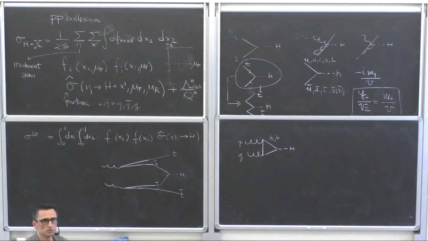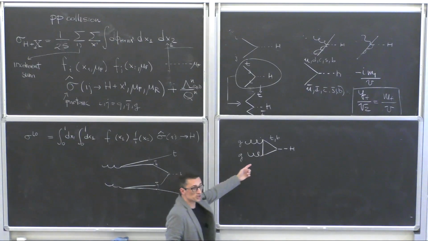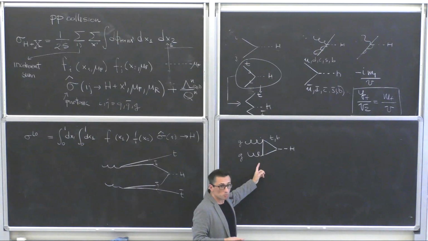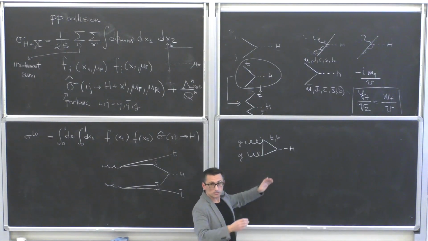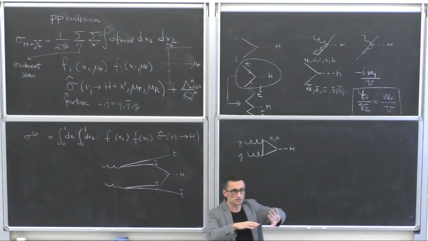Right? I mean, you're telling me that you're going to build a multi-billion collider to find the Higgs in this channel? I mean, through a quantum process, not even tree-level, not a classical tree-level thing.